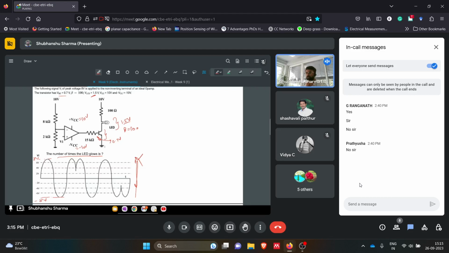So you have to check whether there is any threshold required for this LED to glow. If yes, then you will have to calculate that. So think like that.